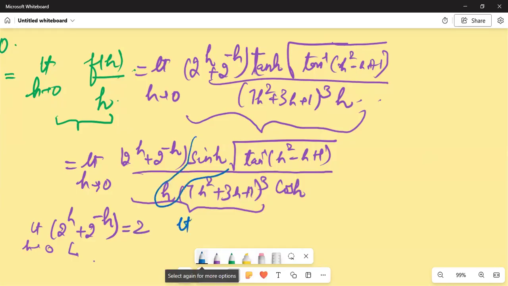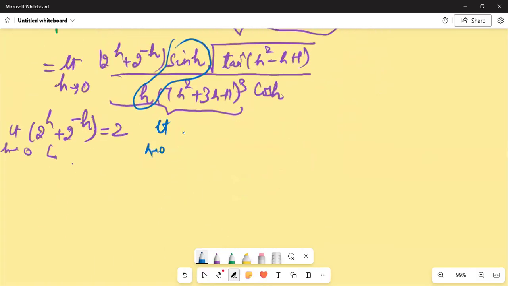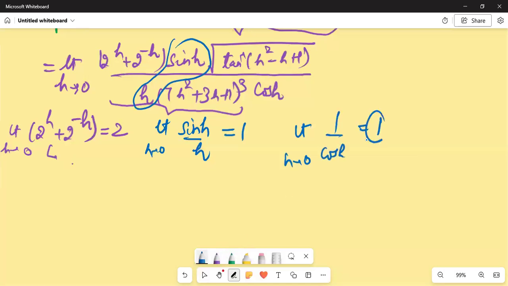And for this function, it is a very well known result that the limit of sin h upon h is 1. And the limit as h tends to 0 of 1 upon cos h is 1, because when h approaches 0, cos h approaches 1.